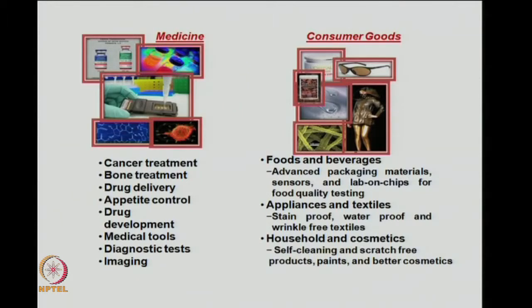People are trying to make artificial ligaments and bones using nanomaterials like calcium apatite, etc. Various kinds of new drugs, especially drugs with controlled release, are envisioned in the future, so that you can take one medicine in the morning and it will release the drug in definite doses at different time intervals, so that you do not have to take the drug every 6 hours or every 4 hours.